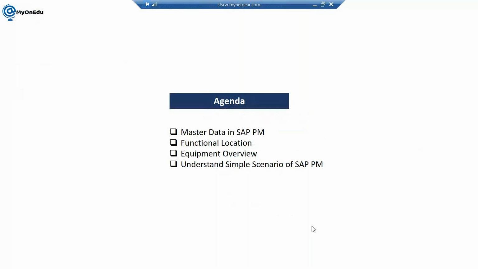First we'll focus on understanding these two objects, functional location and equipment, and further the notification and maintenance order. Then we'll proceed to understand the different business processes available in plant maintenance, like general maintenance, breakdown maintenance, preventive maintenance, calibration and refurbishment.